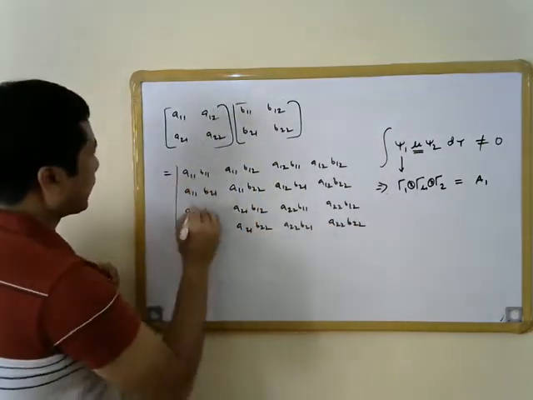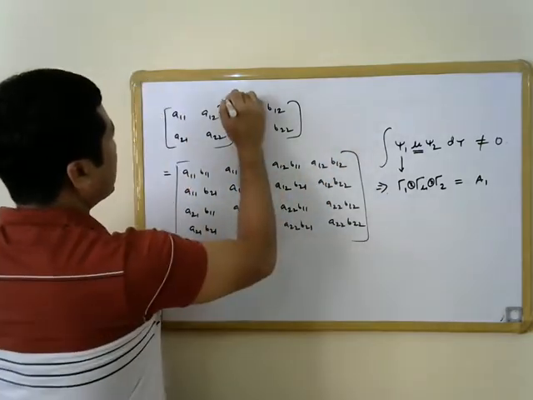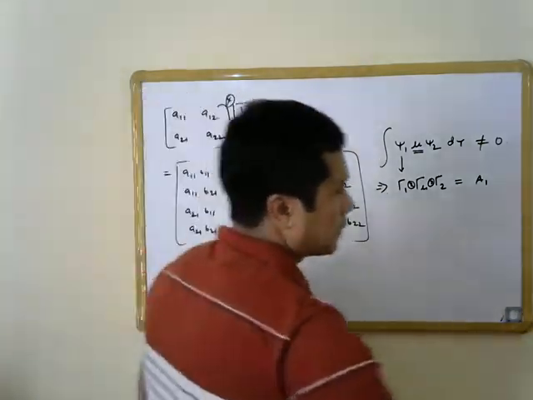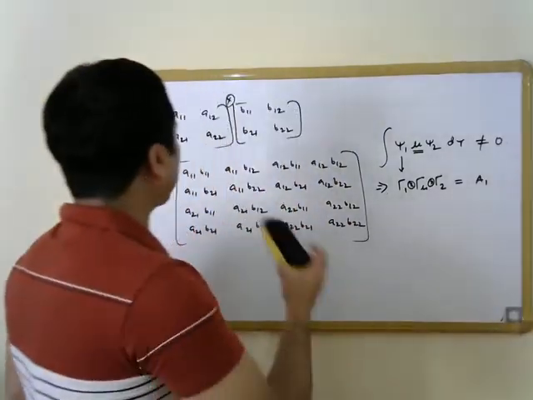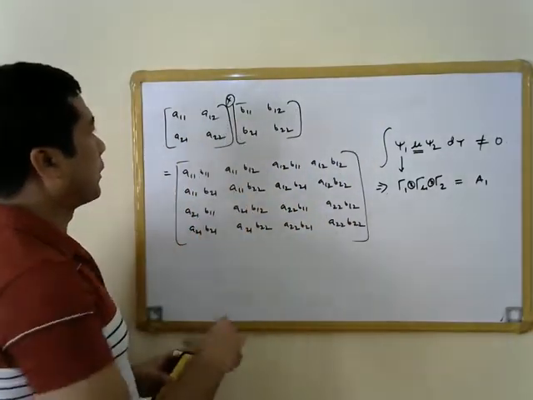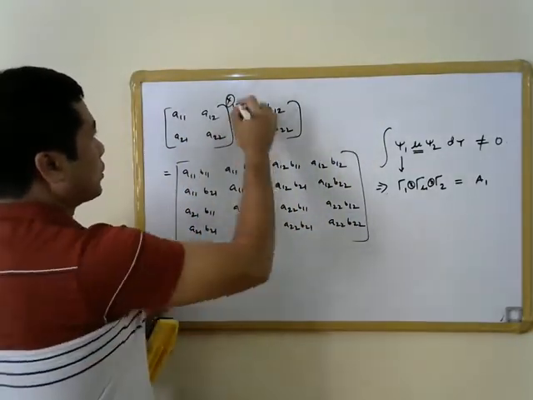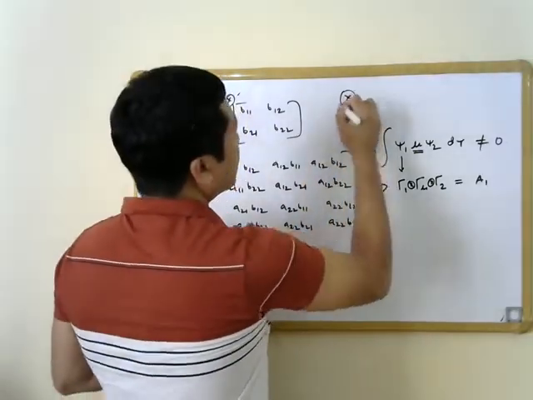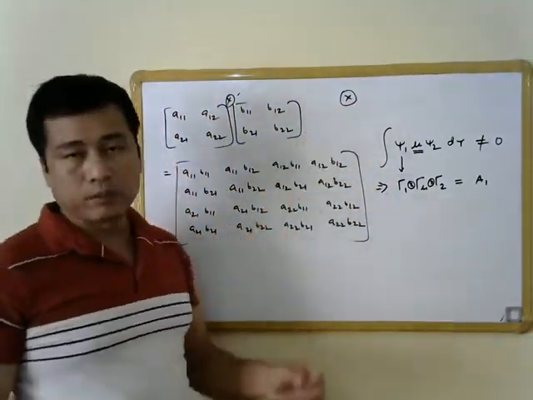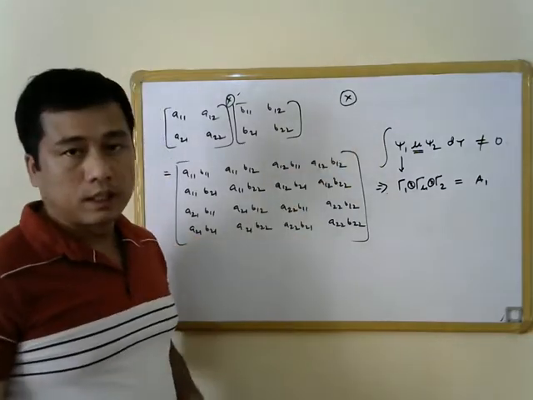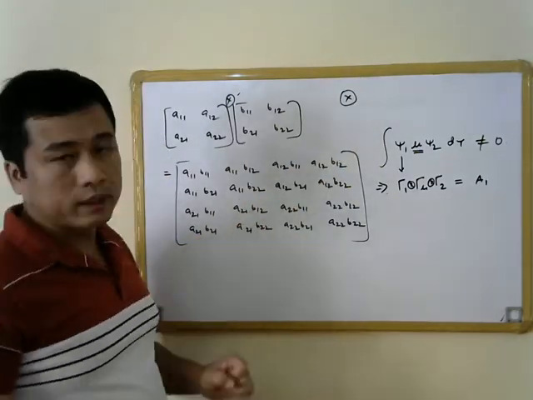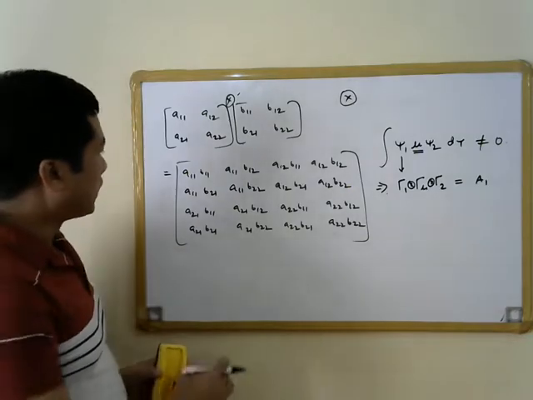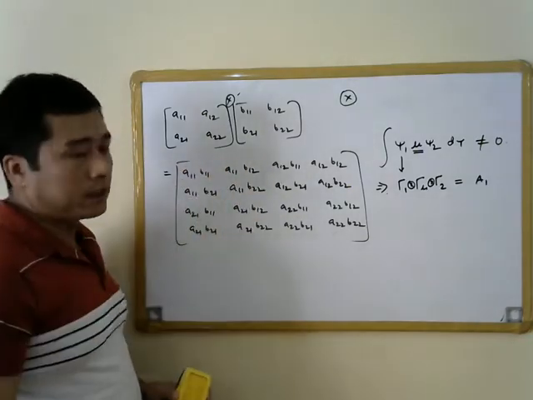So this is the result of the direct product of these two matrices. We have also mentioned that the symbol we use to indicate a direct product between two matrices is a cross sign with a circle, and the result of this direct product is this one.